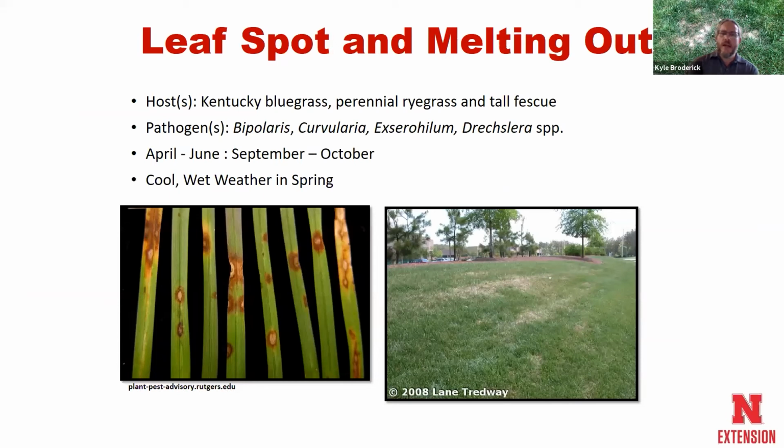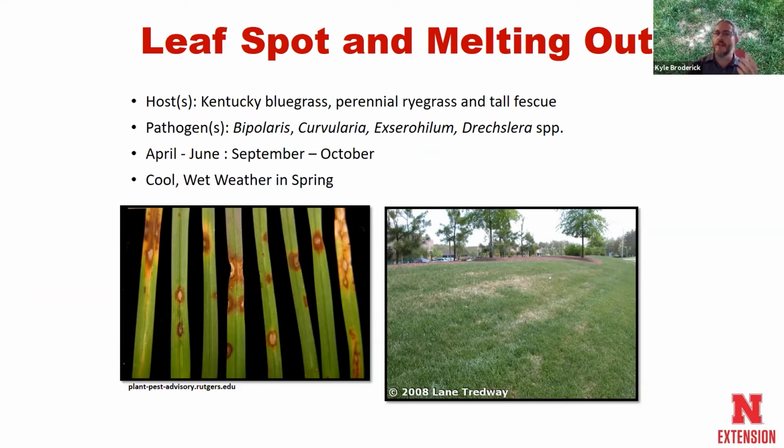Next one, leaf spot and melting out, very common. We see it on, again, most of our cool-season turfs, caused by a whole bunch of different pathogens. They used to all be classified as Helminthosporium leaf spots, but since then they've been broken up into 4, depending on what you would look at, maybe up to 7 different genera.